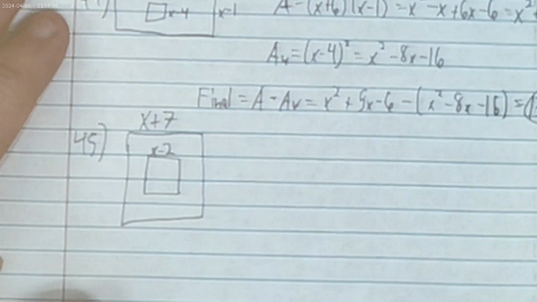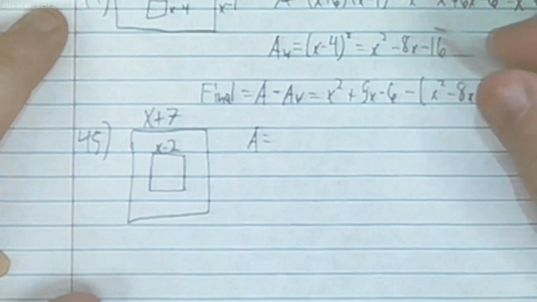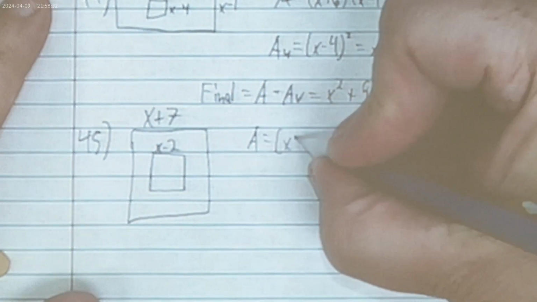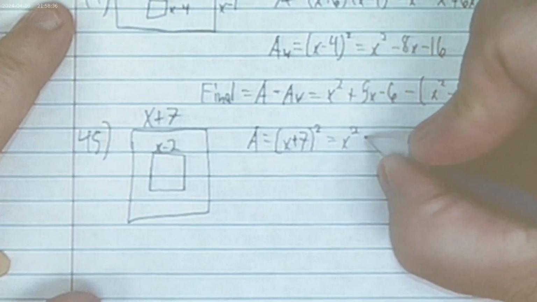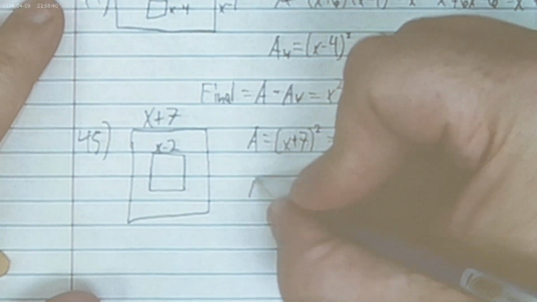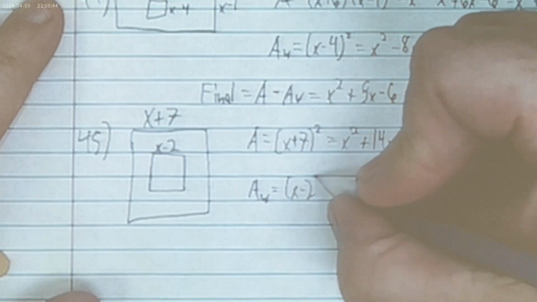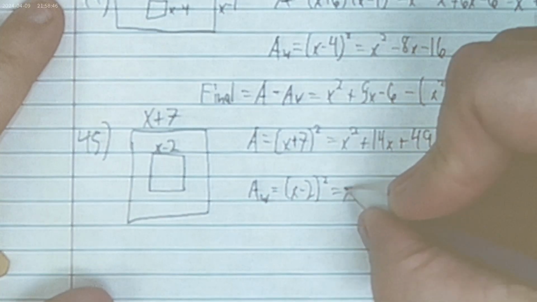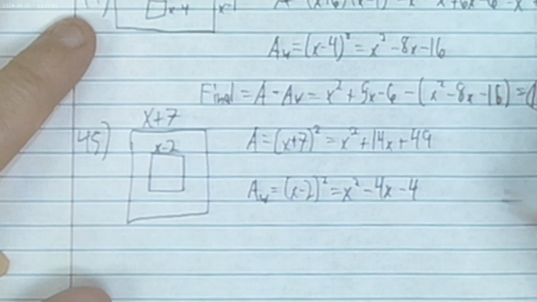All right, let's see. So the outer area is going to be x plus 7 squared. And that one's just going to be x squared plus 14x plus 49. The inner area is going to be x minus 2 squared. So that's going to be equal to x squared minus 4x plus 4.